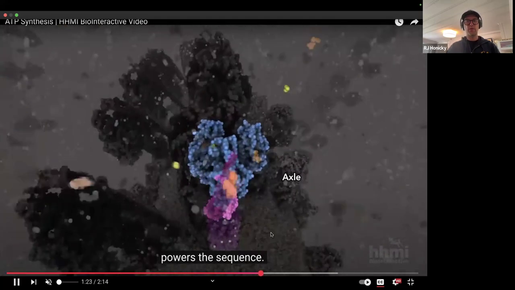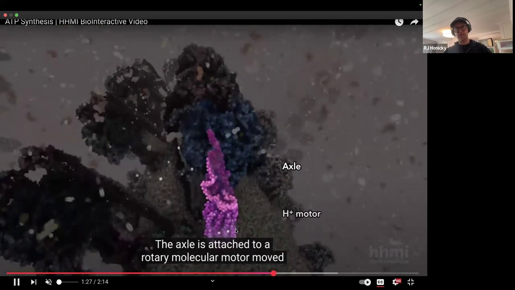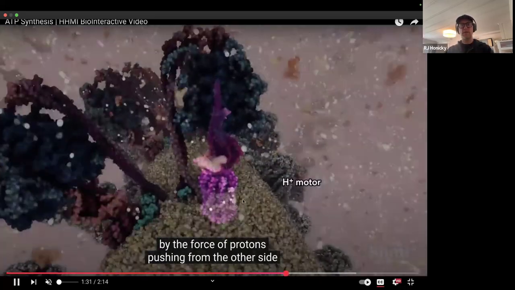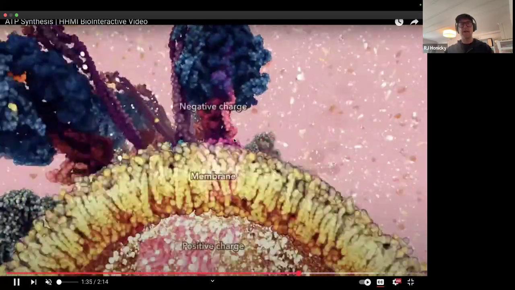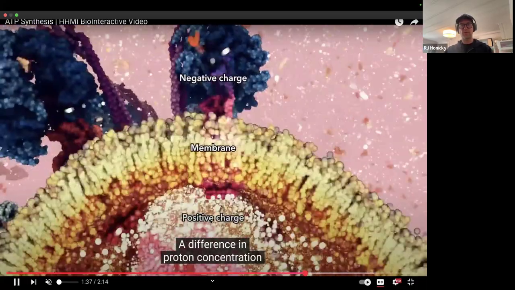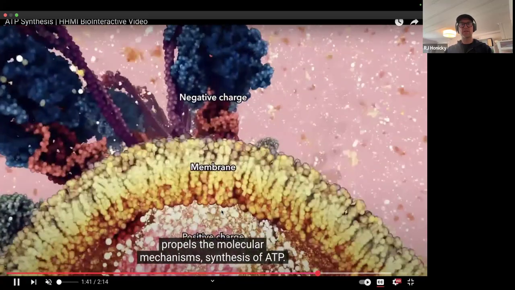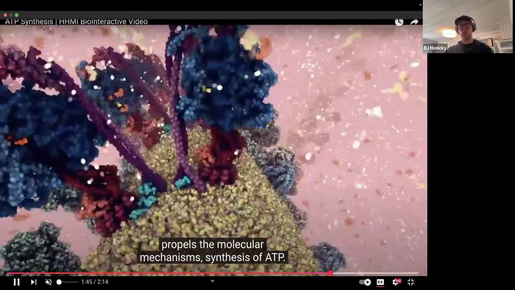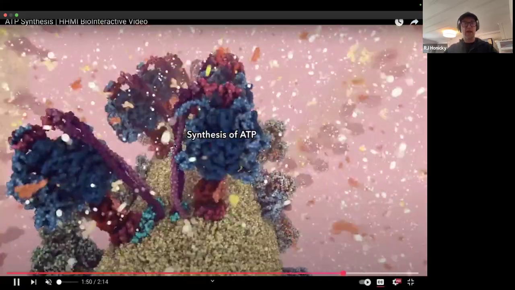There's a membrane, and a bunch of hydrogen ions, or protons, down at the bottom, super energized things, and that causes this to turn, and that causes it to refresh the ATP.